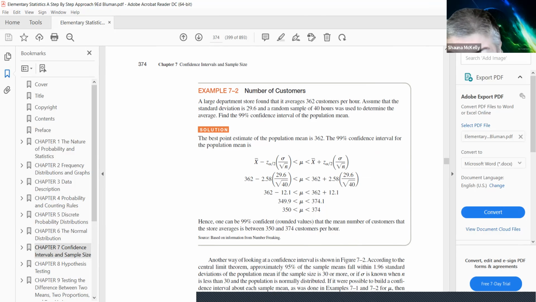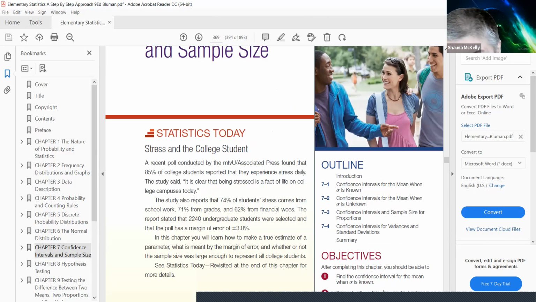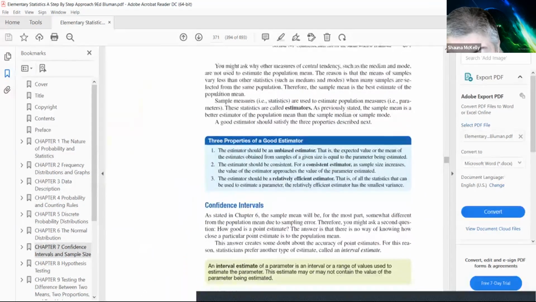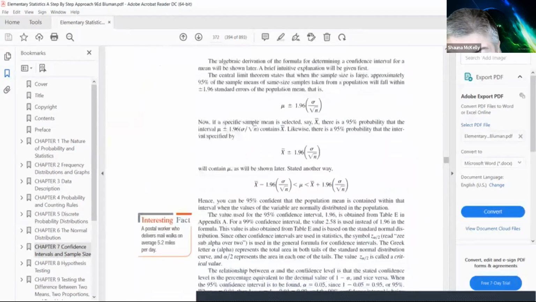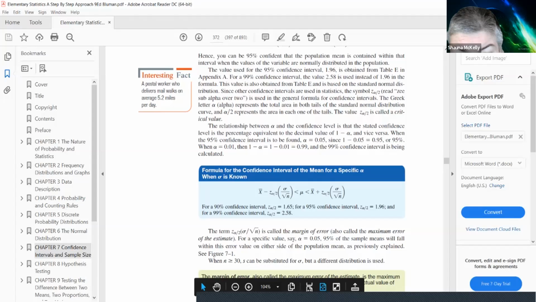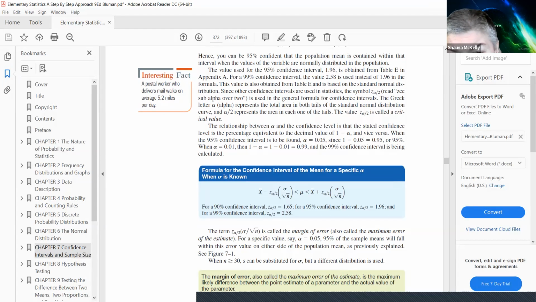Okay. So if you look at this part, if you scroll through the chapter, you're going to have it toward the end of the chapter. So here's your whole confidence interval, right? This thing that is your Z alpha over 2 times sigma over the square root of n, this part is called your margin of error, okay?